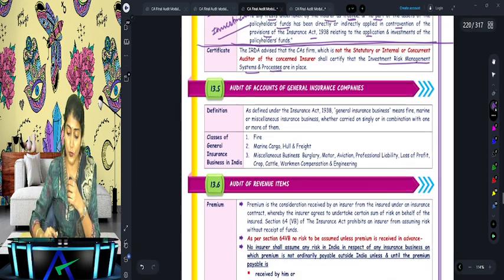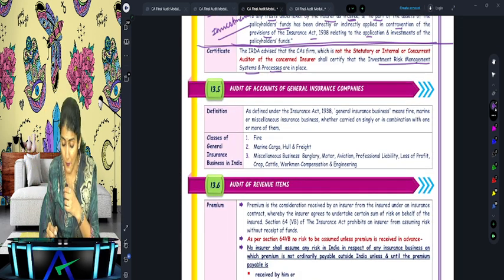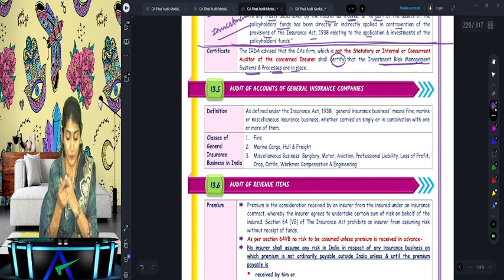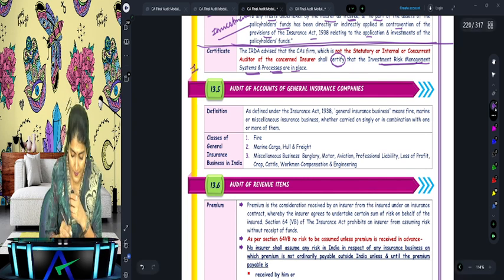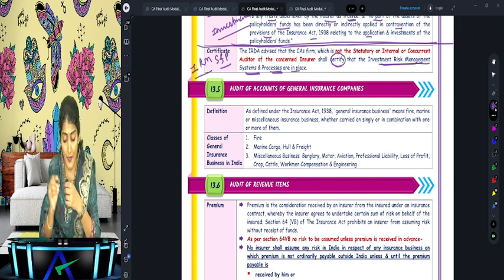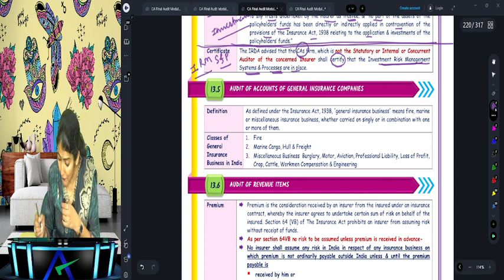Now in addition to that, what is one more certificate which is required? One more certificate which is required is regarding the investment risk management systems and processes. What does it say? This certificate should also be signed by a chartered accountant, but preferably, what does it say?